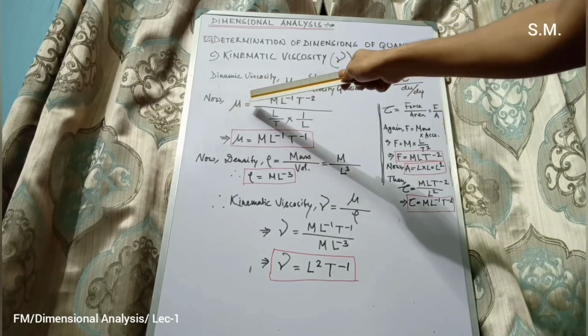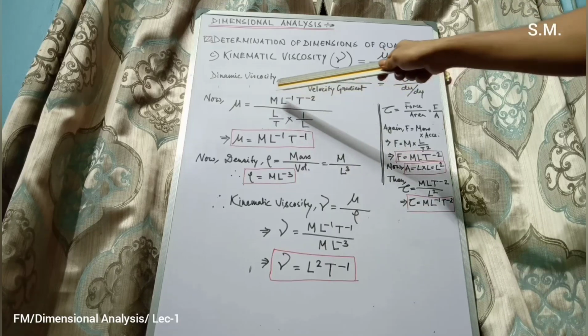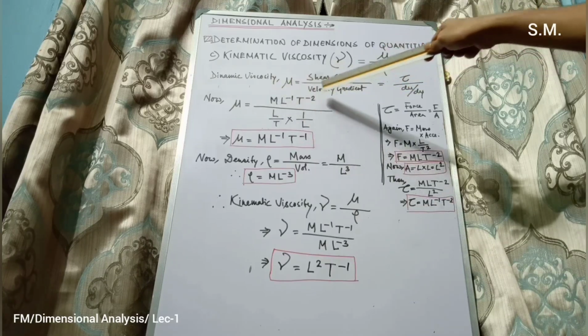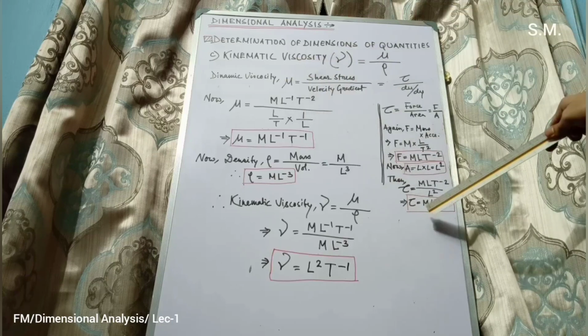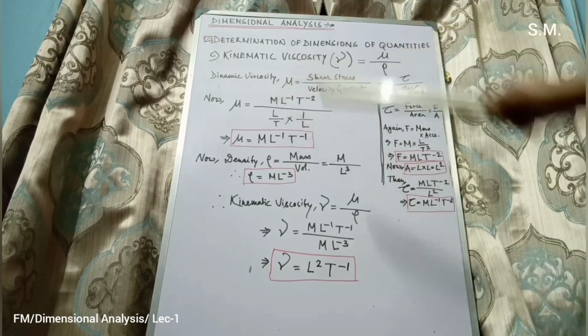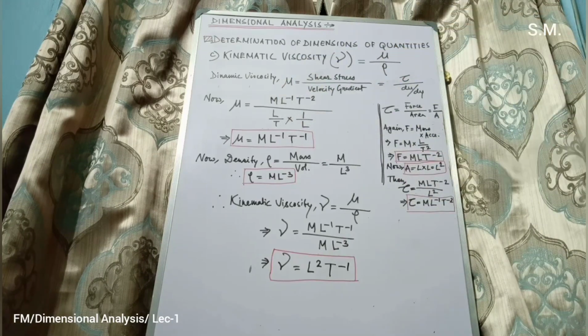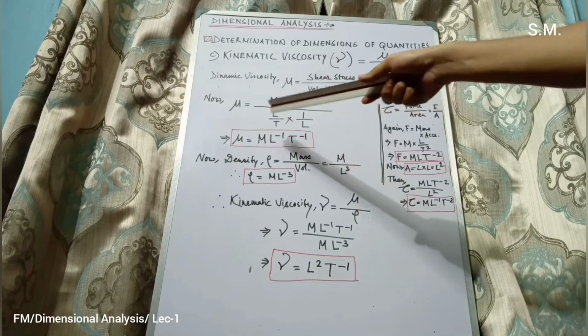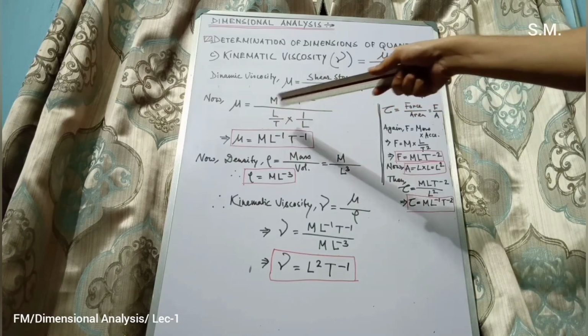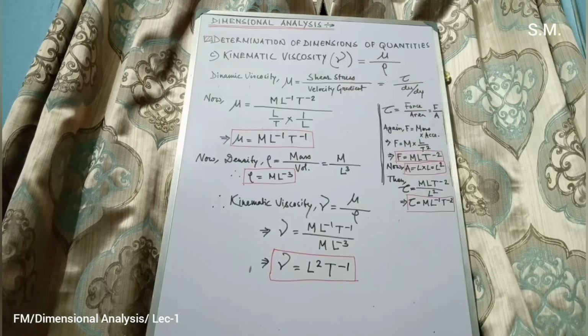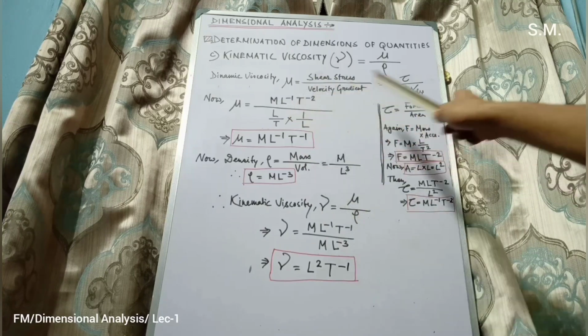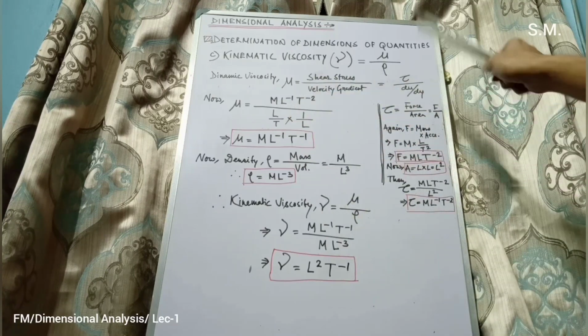So mu equals, above the division line, we put the value of tau, M L inverse T inverse 2, and here we have to put the value of the velocity gradient. Velocity gradient is the ratio of u and y. So u is the velocity.